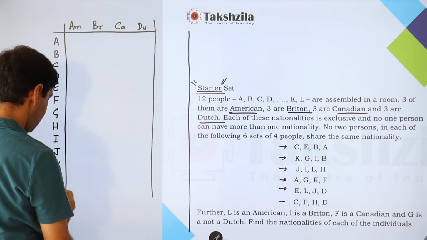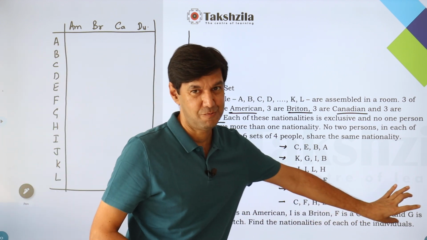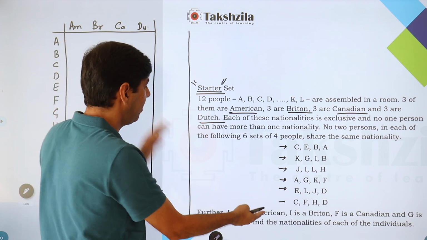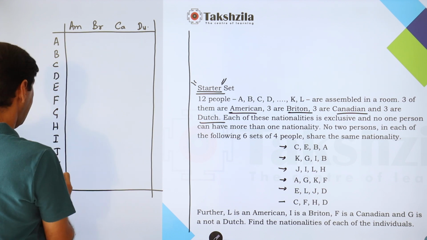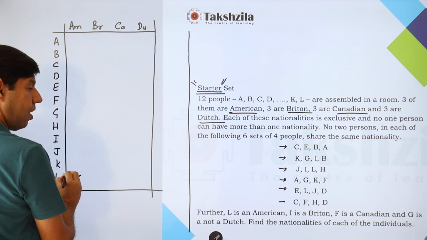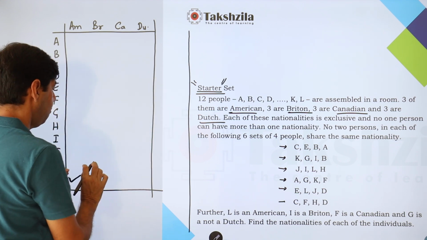And to start with, as I told you, I'm giving you a start here to make the set easy. In fact, there's extra information here, so it makes it very doable. L is an American, so I put a tick against it. And remember, whenever you put a tick, there's something else that you have to do, which I'll tell you in a moment.